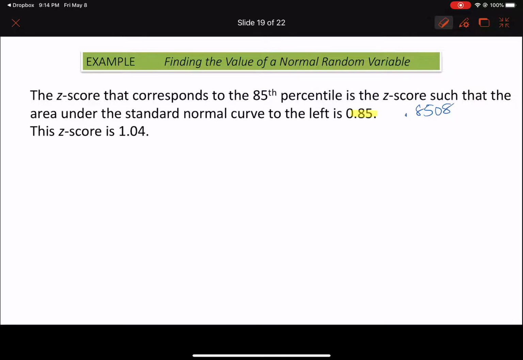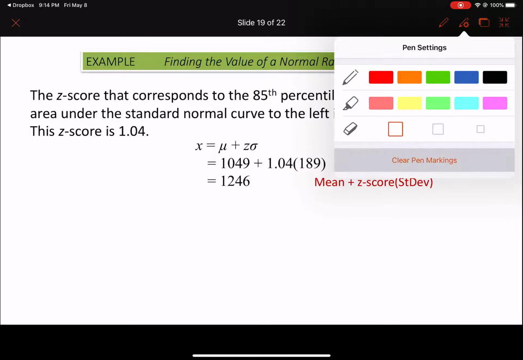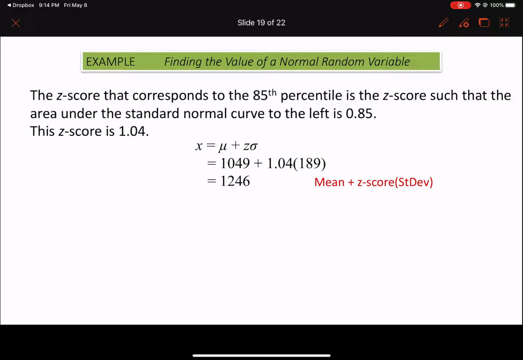So my z-score is 1.04, so what I'm going to do is take that z-score and multiply it by the standard deviation and then add it to the mean. So the GRE score that is at the 85th percentile is about 1246.